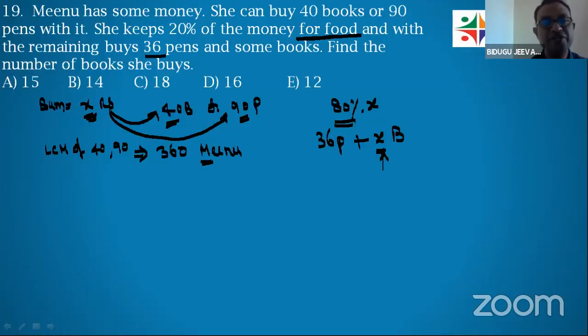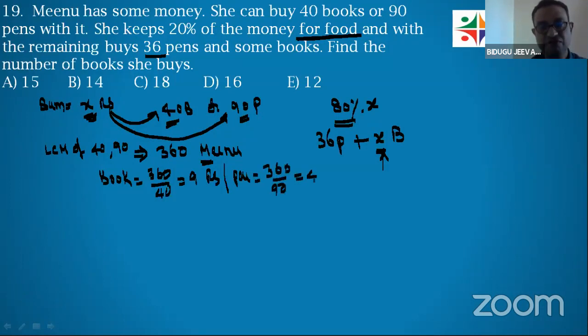If you purchase 40 books, each book rate is 360 by 40, that means 9 rupees. Similarly, each pen is equal to 360 by 90, 4 rupees. Now I got the value of book and pen. In this, I have to go for 80% of this amount and purchase.